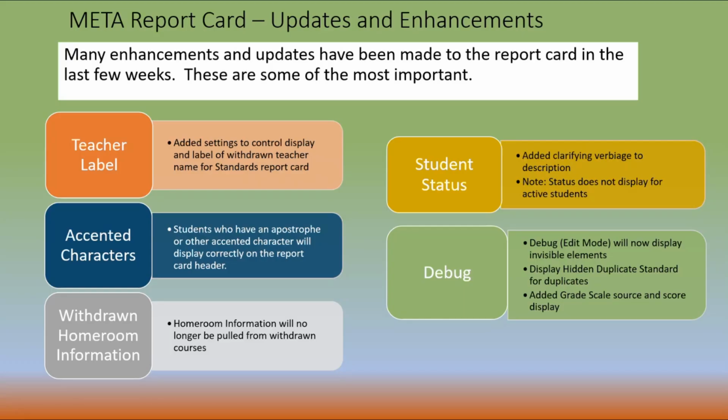There were a couple of invisible elements we weren't seeing. For instance, we always add in white, so you can't see it on the report card, but the student number for those people who have programs that access that number. But we weren't seeing it on the edit mode. We see it now. So it's just a little cleanup on the debug. But if you haven't used it, haven't looked at it, when you pull up your report card, click on that and see all the information there. I think you'll be amazed.